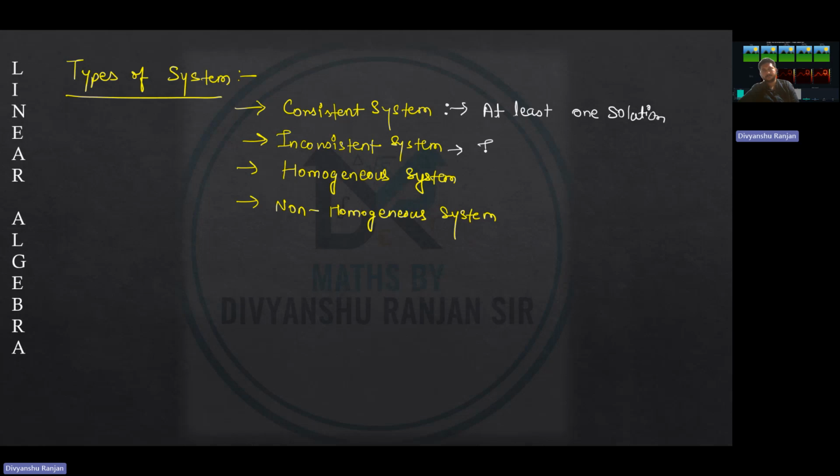For a homogeneous system, the constant vector is the zero vector, that is Ax = 0. And Ax = b with b not equal to 0 is a non-homogeneous system.